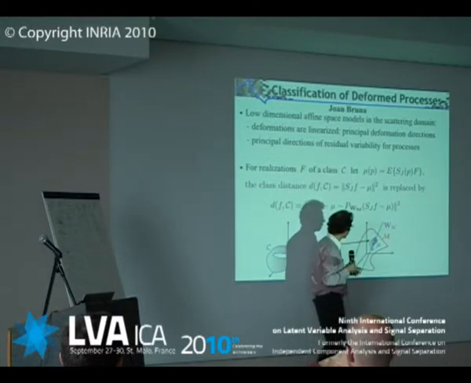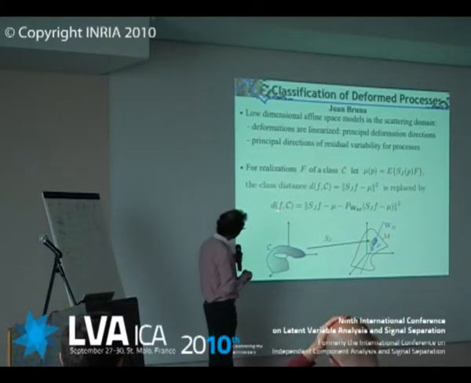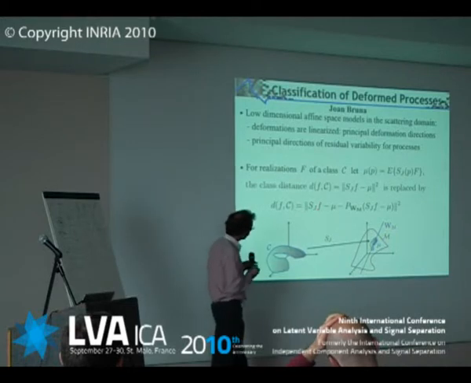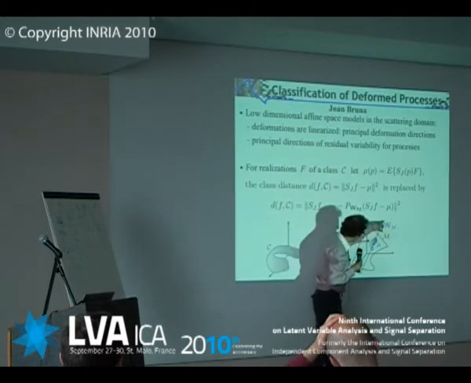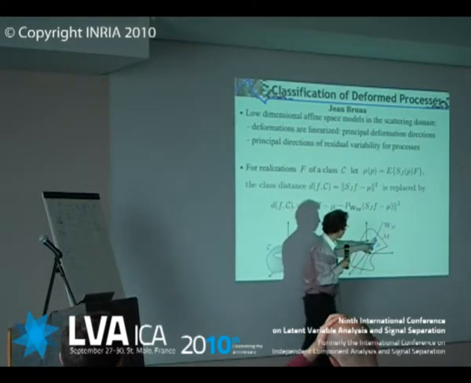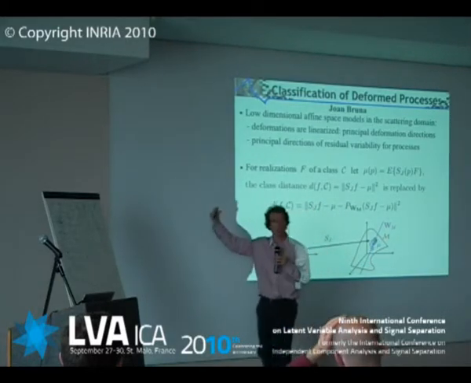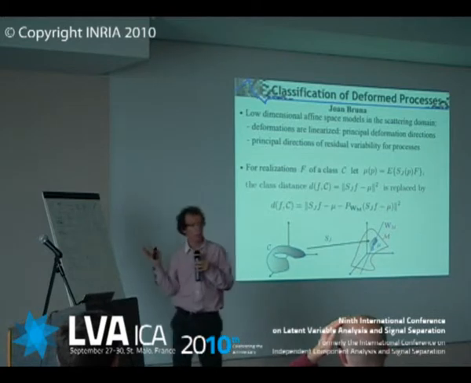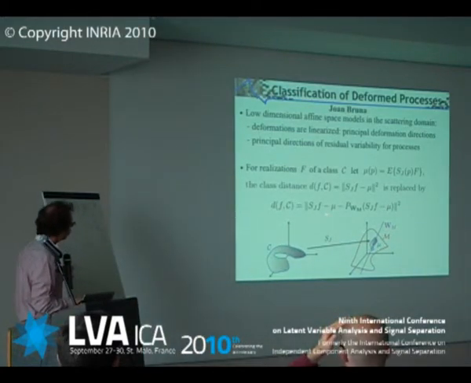So the distance between a signal and the class will be defined as just the distance between the transformed signal and the affine space that I will have selected going through the average. And the affine space basically carries all the large variability components which are okay because it keeps me in the class, and I only want to measure the component orthogonal to this affine space, okay?